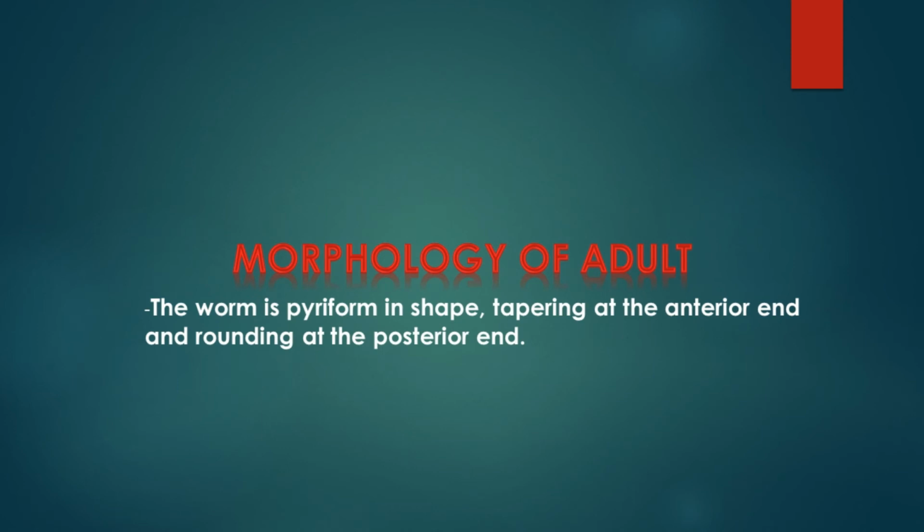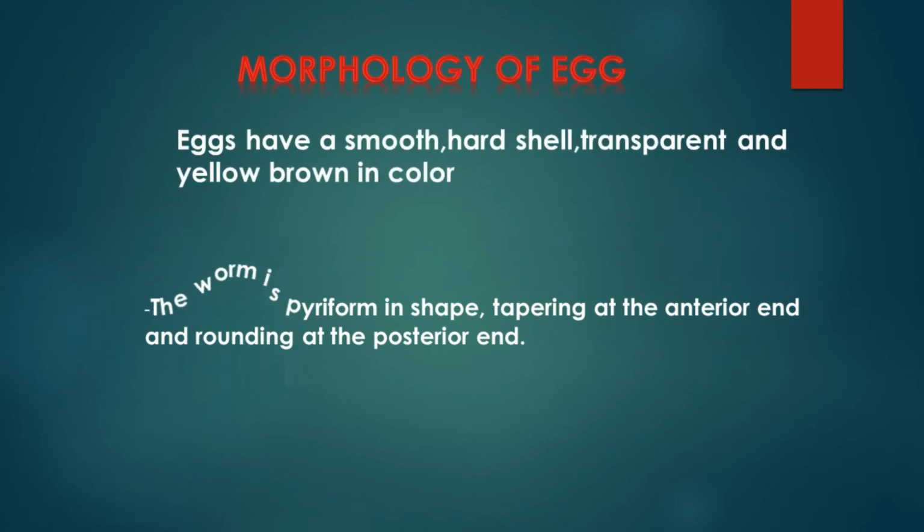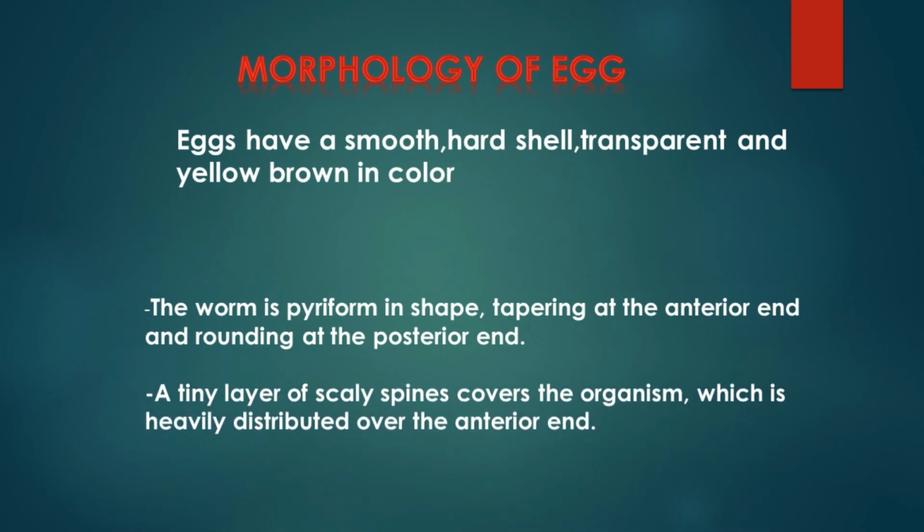Morphology of the adult: the worm is pyriform in shape, tapering at the anterior end and rounded at the posterior end. A tiny layer of scaly spines covers the organism, heavily distributed over the anterior end.